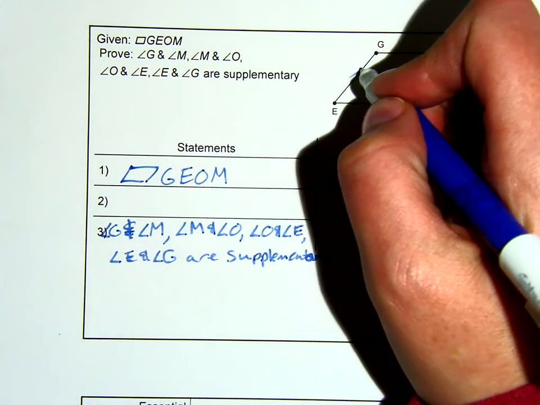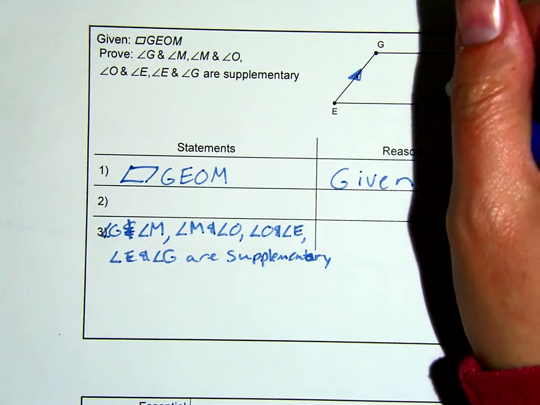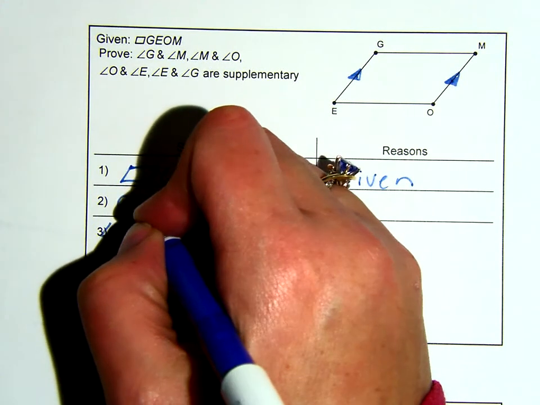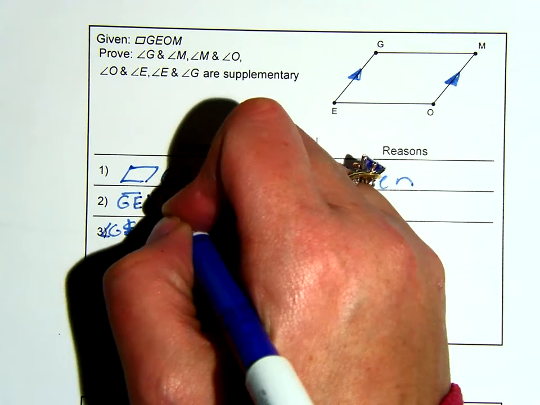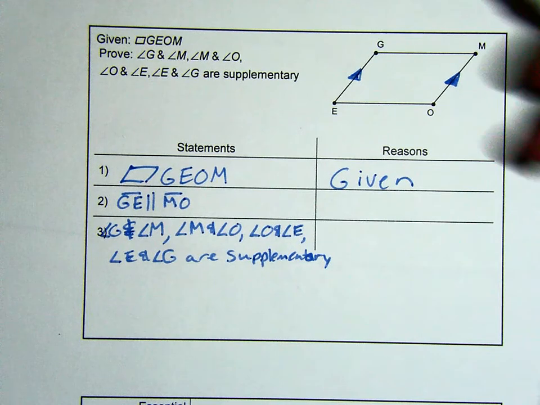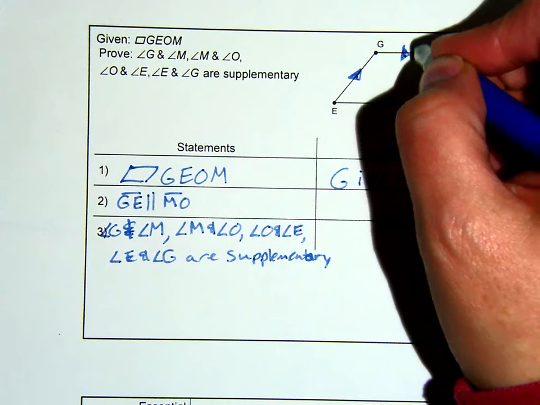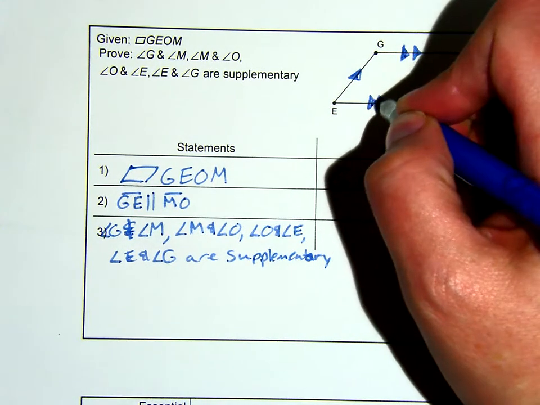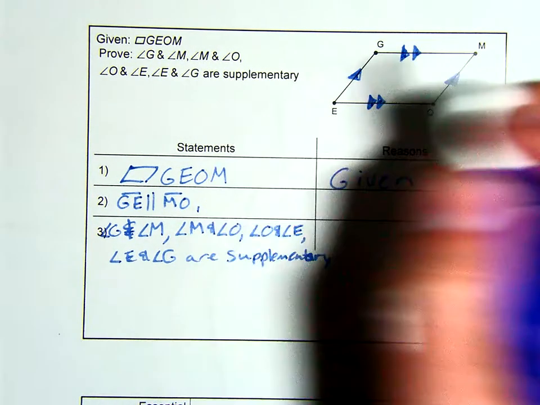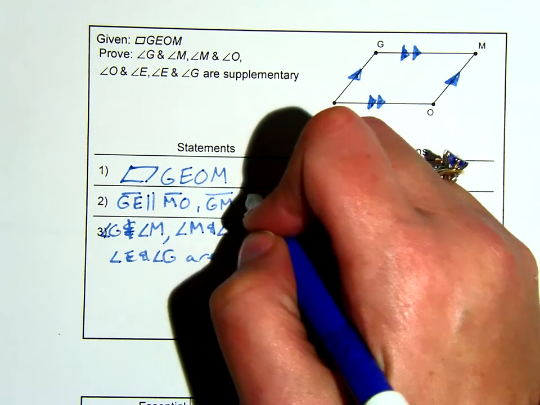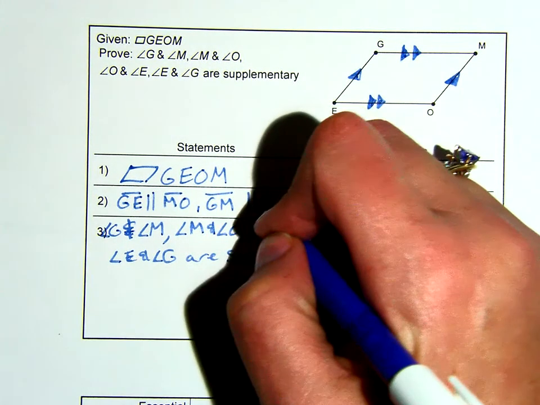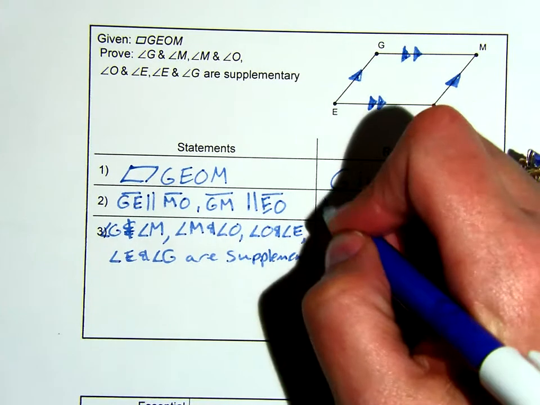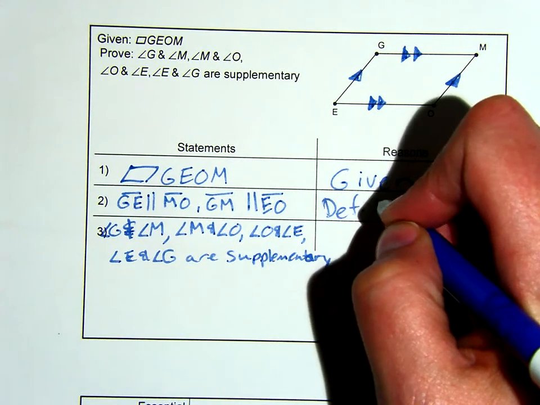So GE is parallel to MO. We also know that GM is parallel to EO, so we're going to write that on the same line. We knew that opposite sides were parallel because we knew the definition of parallelogram.